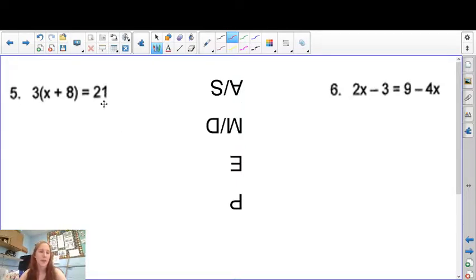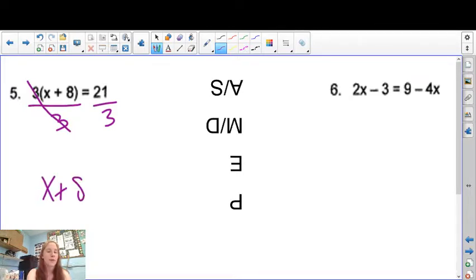Okay, number 5, there's a couple different ways to approach it. Since there's nothing being added, subtracted, multiplied, or divided on the other side, I can go ahead and start by getting rid of that 3 first with my division since it's being multiplied. Remember, this only works if there's a single number or a single constant on the opposite side.